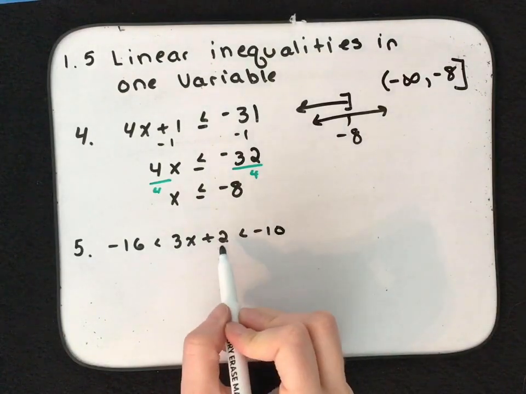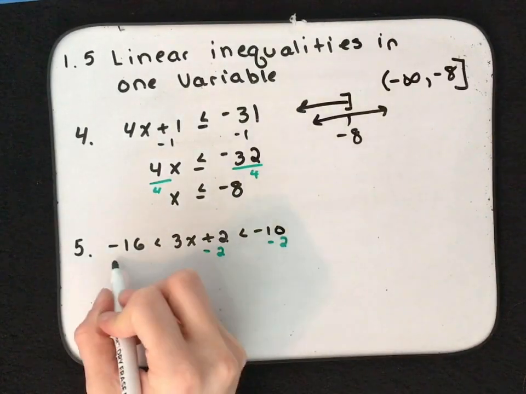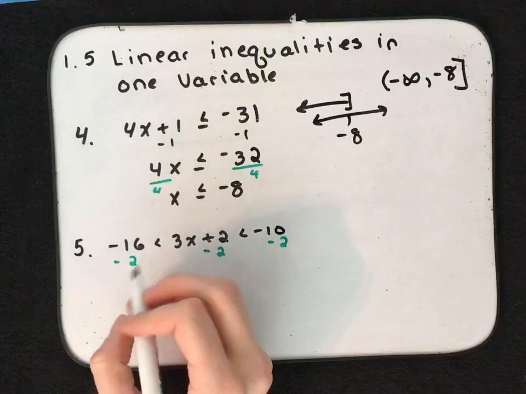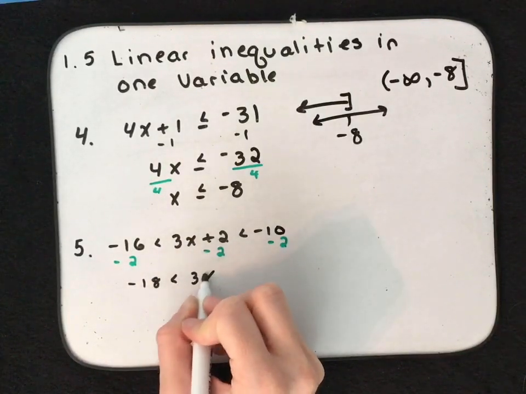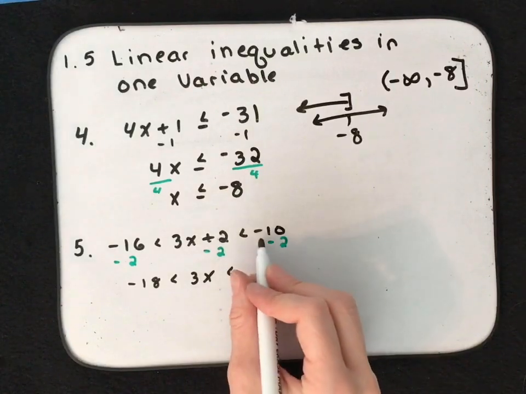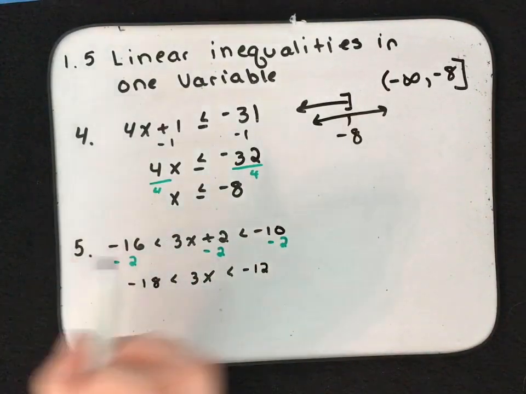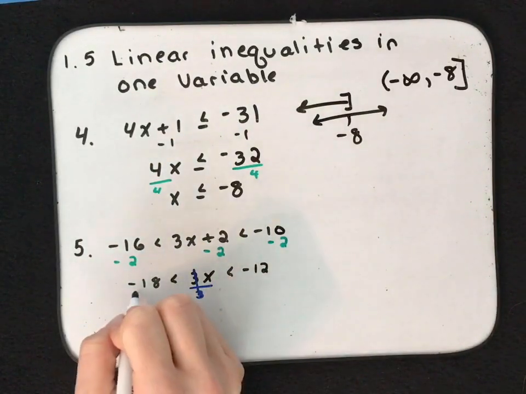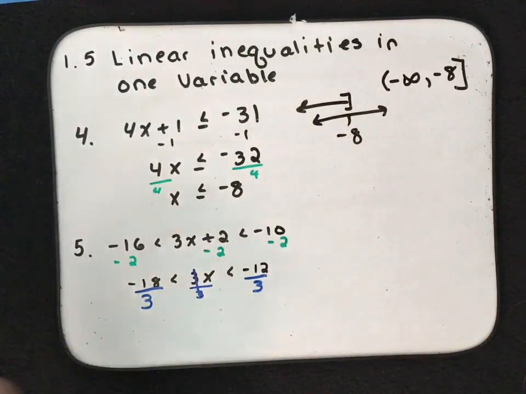So I need to get rid of this plus 2, which means I'll subtract 2, which means I have to subtract 2 from every single piece. Once we do that, we have negative 16 minus 2 is negative 18, and then everything carries down. Negative 10 minus 2 is negative 12. And then I need to divide by 3, because 3 divided by 3 cancels to 1. So I need to divide everything by 3.